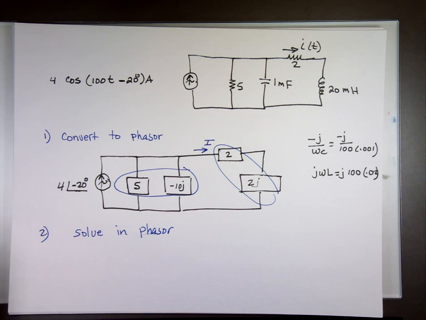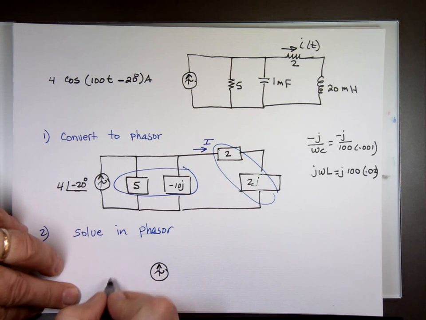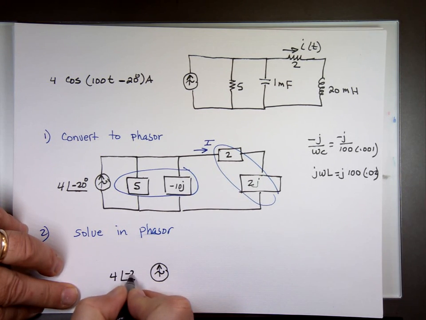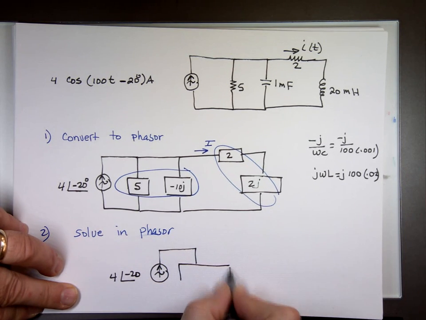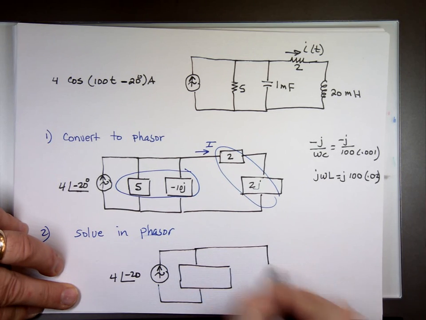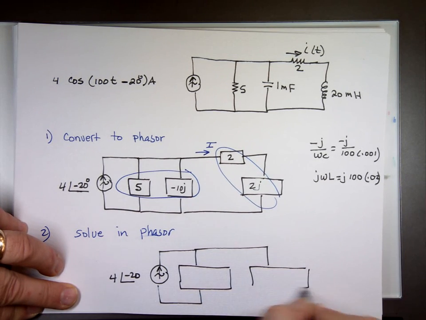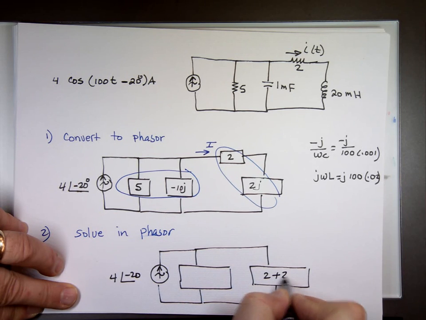So there's my source, 4 angle negative 20, and we'll find the value for this. We know the series part is the sum of these two, which is 2 plus 2J.